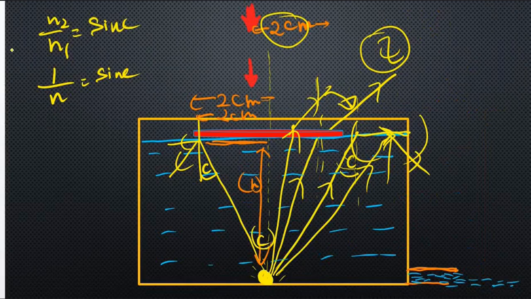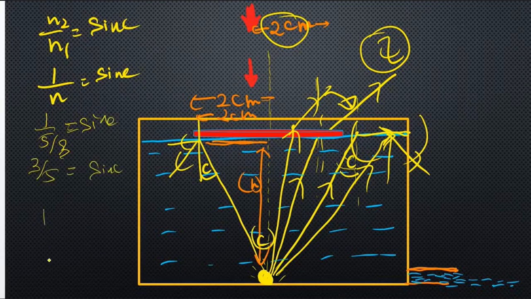Let's apply the values: 1 over 5/3 equals sine C. So we get sine C equals 3 over 5.